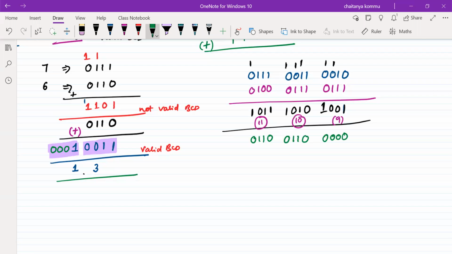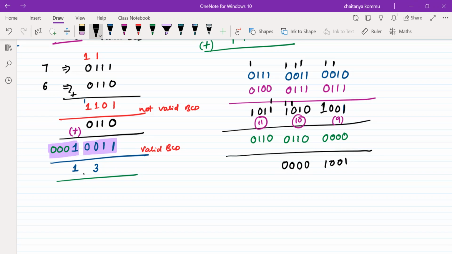Okay, agreed? Now let us perform the addition operation between these two. What is happening here? 1, 0, 0, 1. Next, what about this? 0, 0, 1 is here. Two ones give 0 and the sum is here, and the carry comes at this point.